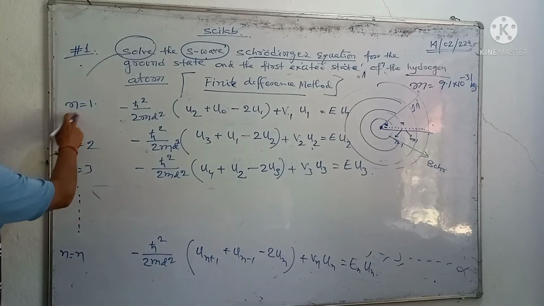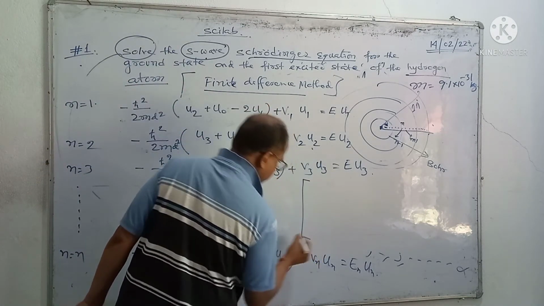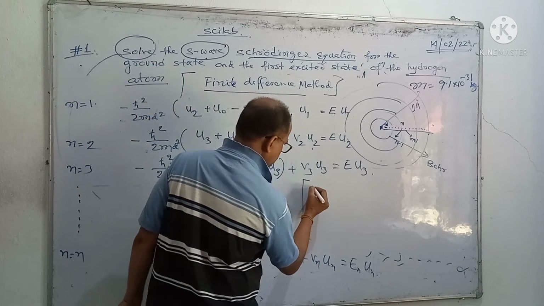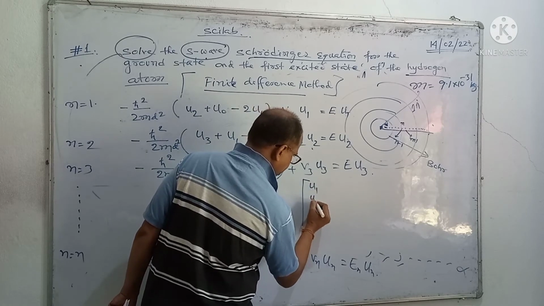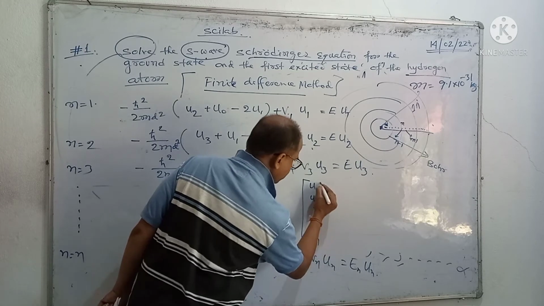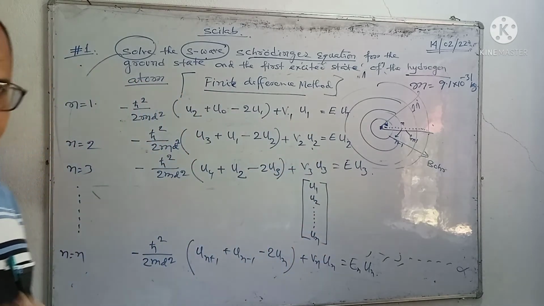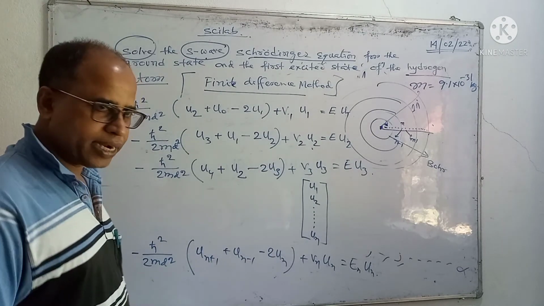Here you see n is varying from 1, 2, 3, etc. Therefore our wave function is u1, u2, dot dot dot, un. This is your u in discrete form, right?